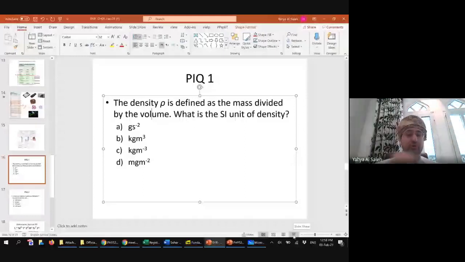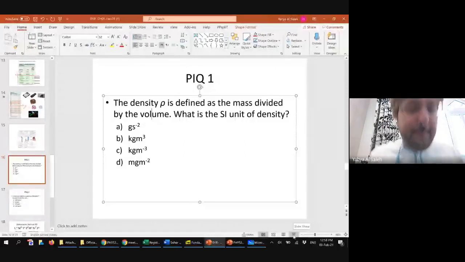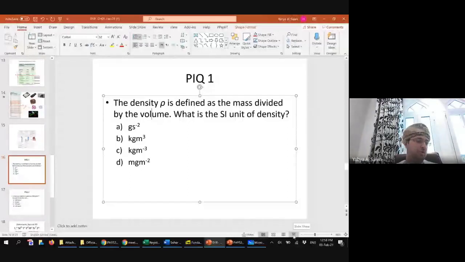It just shows you A, B, C, D. So it will not show you A is GS minus 2. It will just show you A. If you believe the answer is GS minus 2, you put A.